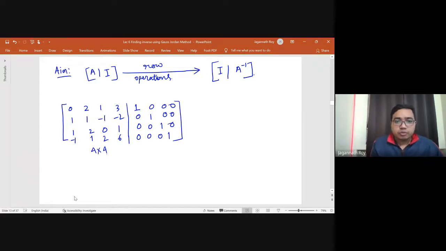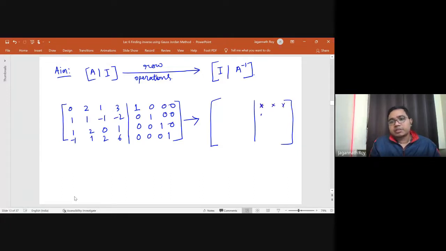Our aim is to get it in this form. Whatever we do, these values on the right we don't bother about; whatever we get will be our inverse.